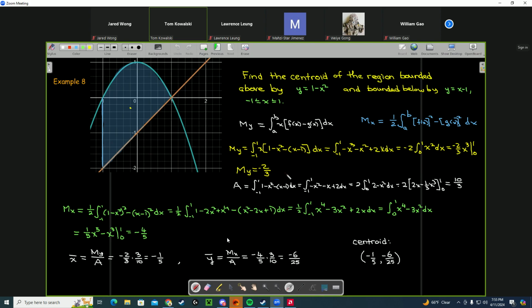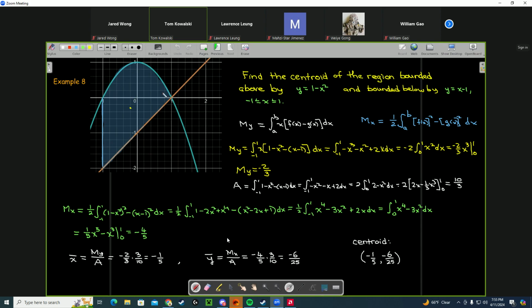Does that kind of look like it's in the middle? Does it look like that would be balanced? You could bear in mind that if it's balanced, it doesn't necessarily mean that you're going to have equal area on each side, because remember, the further it is from a point, the bigger the moment would be.